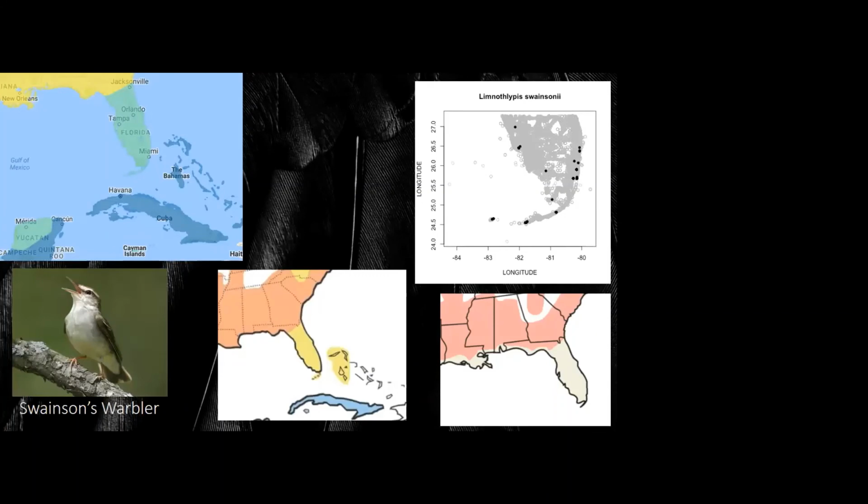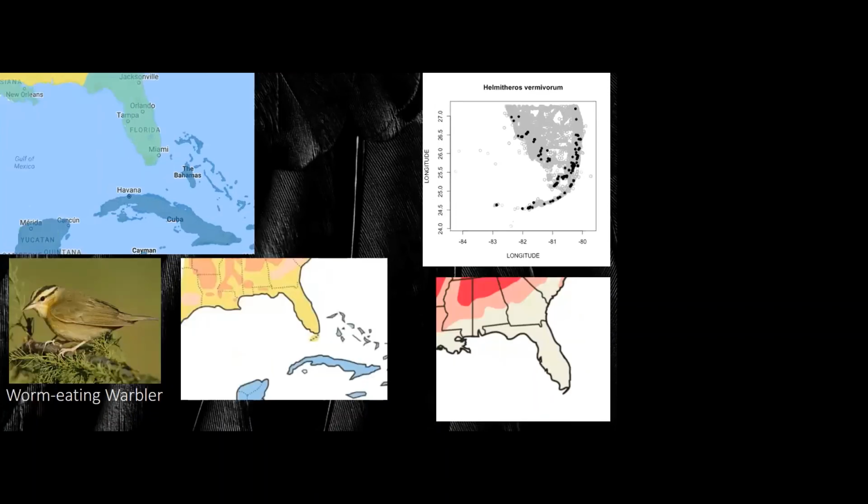Swainson's warbler is just not a commonly seen bird in Florida in general, but they did have uncommon sightings every single year on eBird. The next one is the super cute worm-eating warbler.